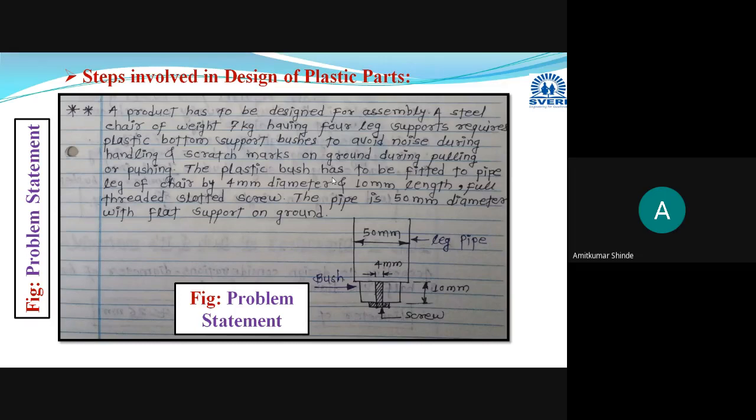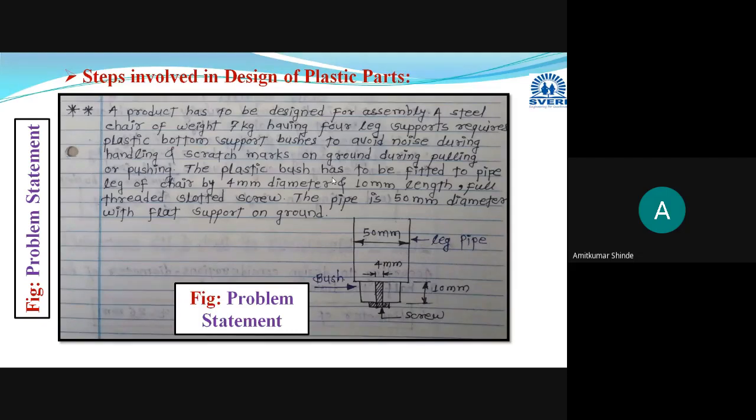If there is a steel chair, it may come in contact with the ground surface, and due to that friction, some noise may get created or some scratches may form on the chair. To avoid this, we are going to provide a bush at the bottom surface of whichever legs are there.